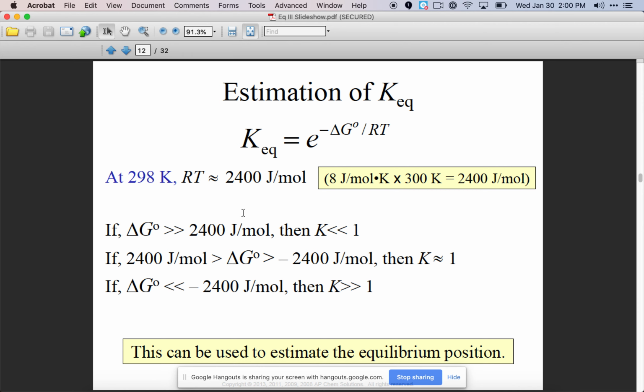Is everybody clear about that? Okay. So they're making an estimation with equilibrium. So if they know that delta G is significantly greater than 2400 joules per mole, then they say that K has to be significantly smaller than 1. Are we okay with that kind of estimation?